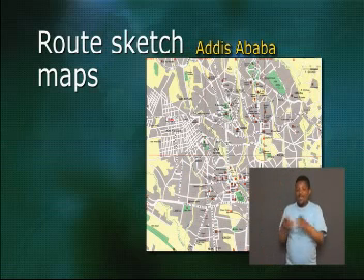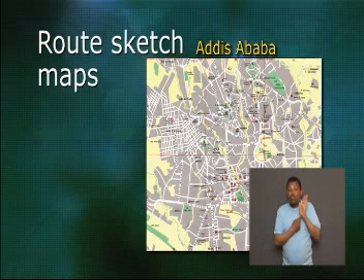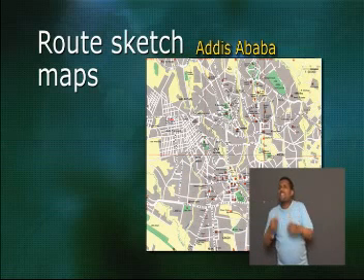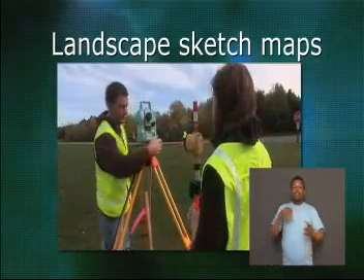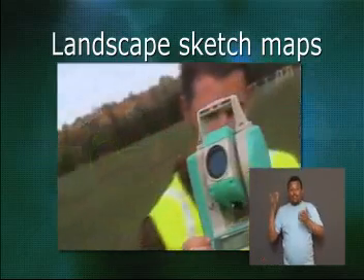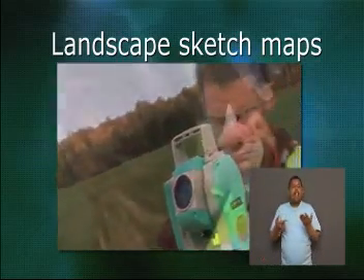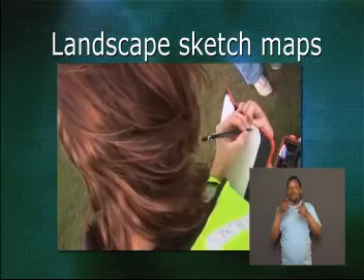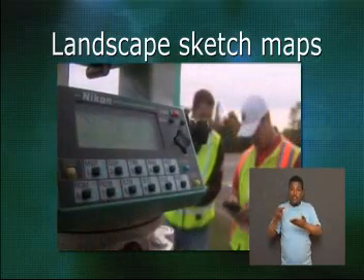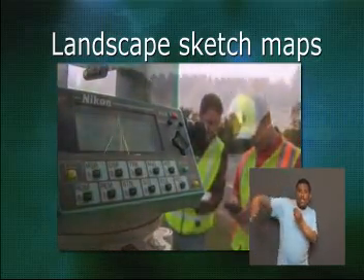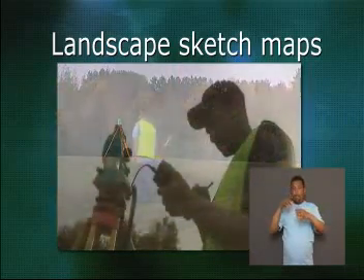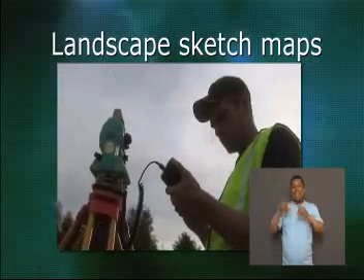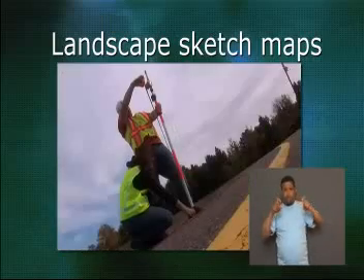A route sketch map is used to show people how to get from location A to location B. The third kind of sketch map is called a landscape sketch map. These show surrounding areas, and they are drawn from topographic maps, aerial photographs, or field observation.